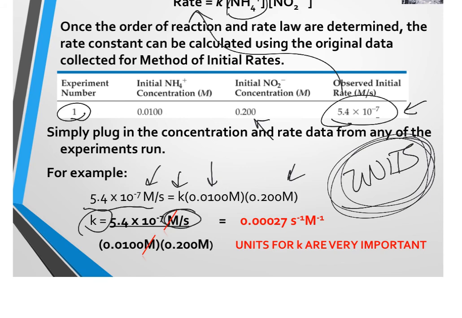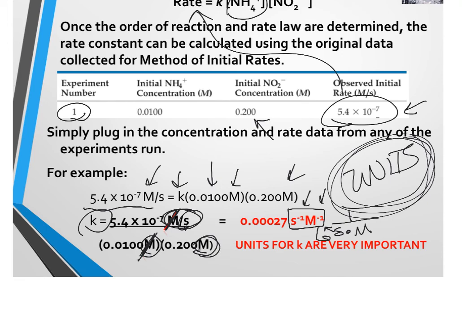The units for rate, molarity per second. The units for each concentration are just molarity. So one of the molarities cancels. So what are the units you're left with here? You are left with 1 over seconds times molarity, right? You've got the seconds and you have one of the molarities left. This is equivalent, hopefully you remember this from math, if you have an exponent of -1, it's equivalent to just saying 1 over that value.